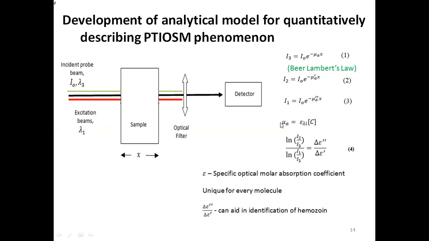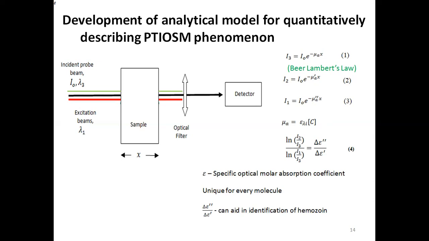Now, we need to note that the optical absorption coefficient is a function of the concentration of the light absorbing molecules and a material property referred to as the specific optical molar absorption coefficient.